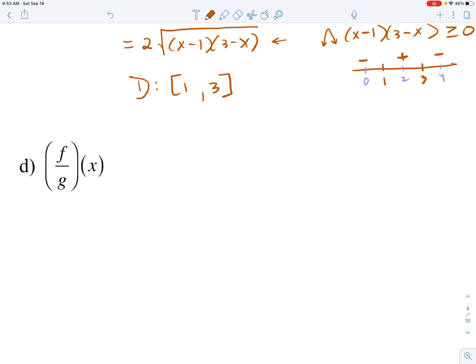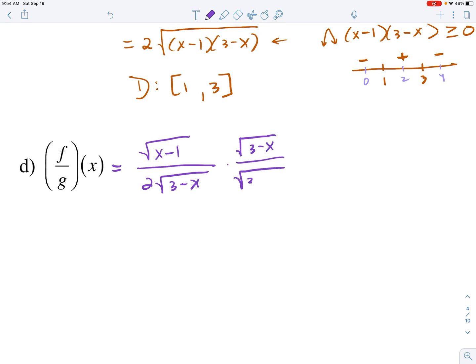Okay, let's create a new function from dividing the function f by the function g. So that'll be the square root of x minus 1 over 2 times the square root of 3 minus x. The only simplifying that I could justify doing here would be rationalizing the denominator by multiplying by a version of 1, and that version of 1 would be the square root of 3 minus x over itself.